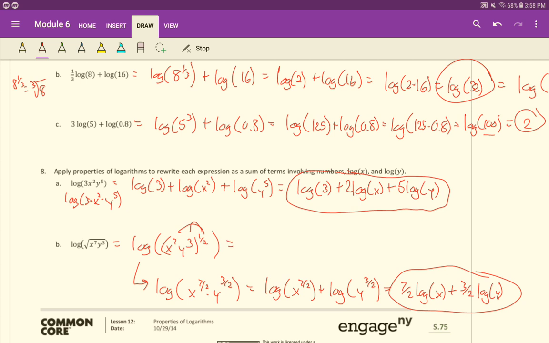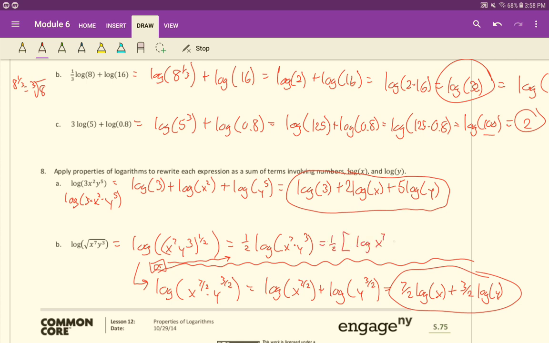Alternatively here, we could also not distribute the power and bring this power out front right now. In other words, it would be 1/2 log of x to the 7th, y to the 3rd, like this. Then when we break up this product here, it'll be 1/2 times the quantity log of x to the 7th plus log of y to the 3rd.